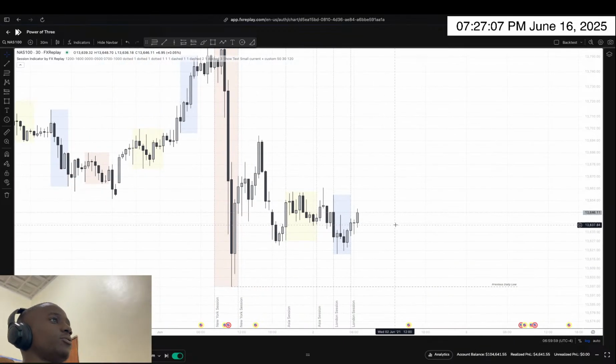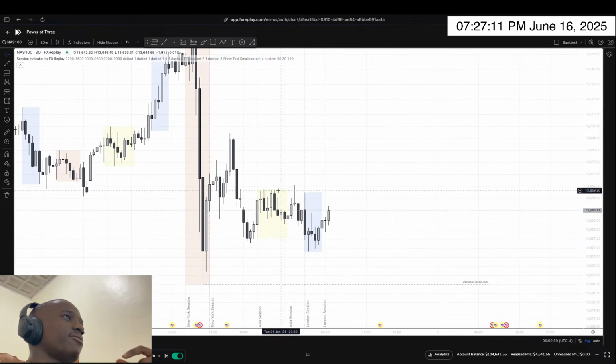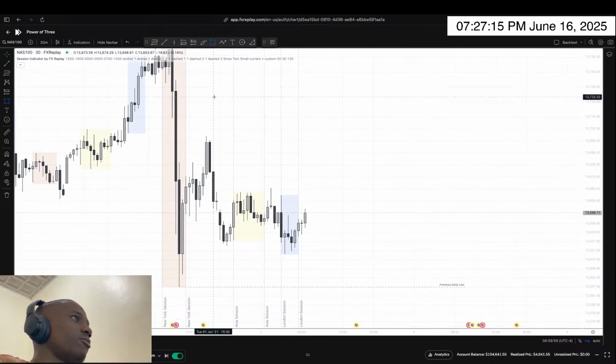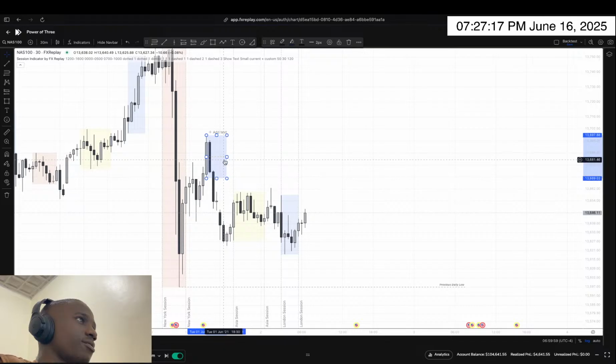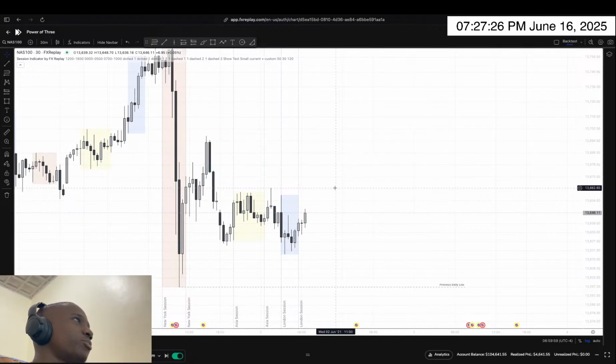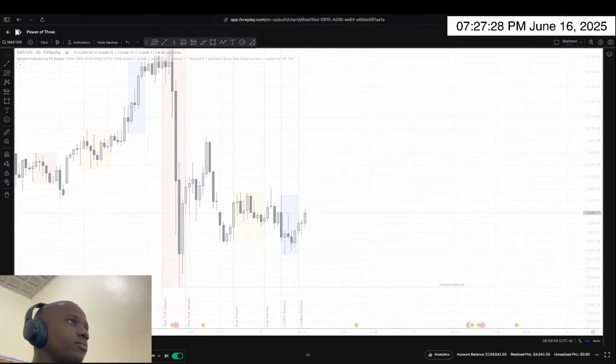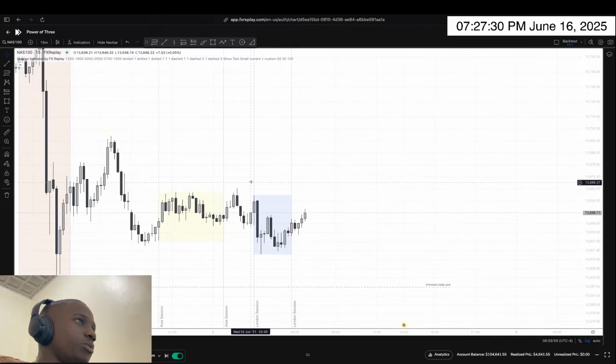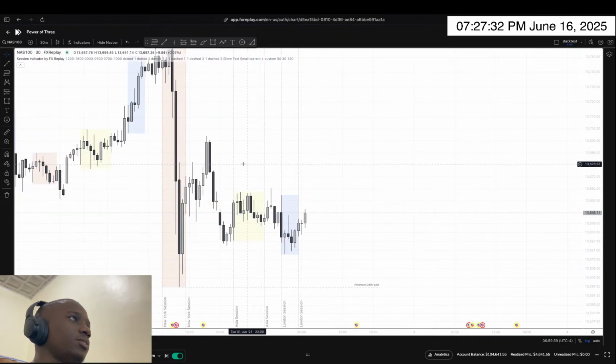And I would like to do some kind of analysis on the higher time frame. So as you can see on the higher time frame, we have some liquidity resting here, and the next POI obviously would be this 30-minute order block, which means it's just pushing, taking out this liquidity, and then continuing, and then drop to the downside. And basically that would be what we want to see in this market.